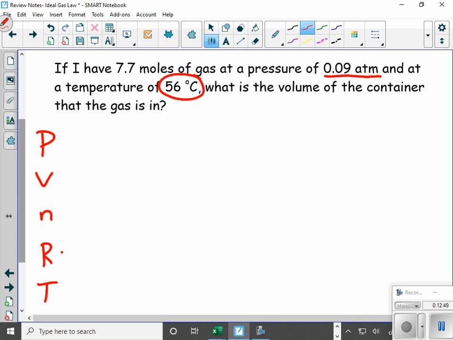Well, I know that I have R, because I just said that my R is 0.0821 liters times atmospheres all over Kelvin times mole. That label will help me cancel labels when I work the problem. Do I have a pressure? Absolutely.